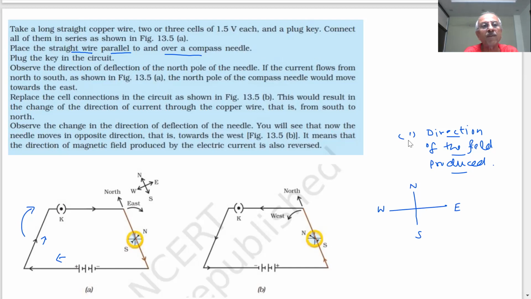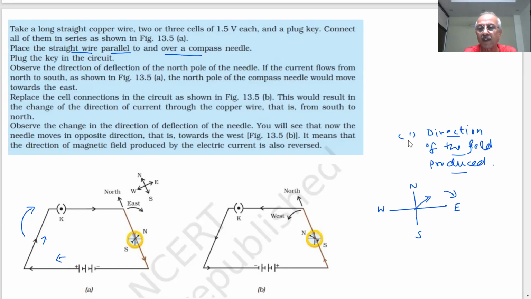The north pole of the compass needle moves towards the east. This is my east. If the current is moving from north to south, the needle moves towards the east.